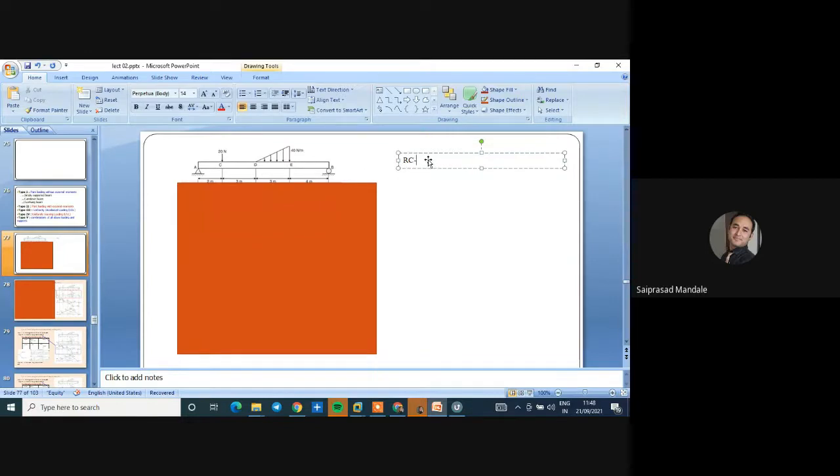So can anybody tell me what is the summation of Fy? Summation of Fy is equal to 0. So if summation of Fy is equal to 0, then tell me the equation for this. You just tell me for A, C, and B points. I'll tell you the variation in the DE section.